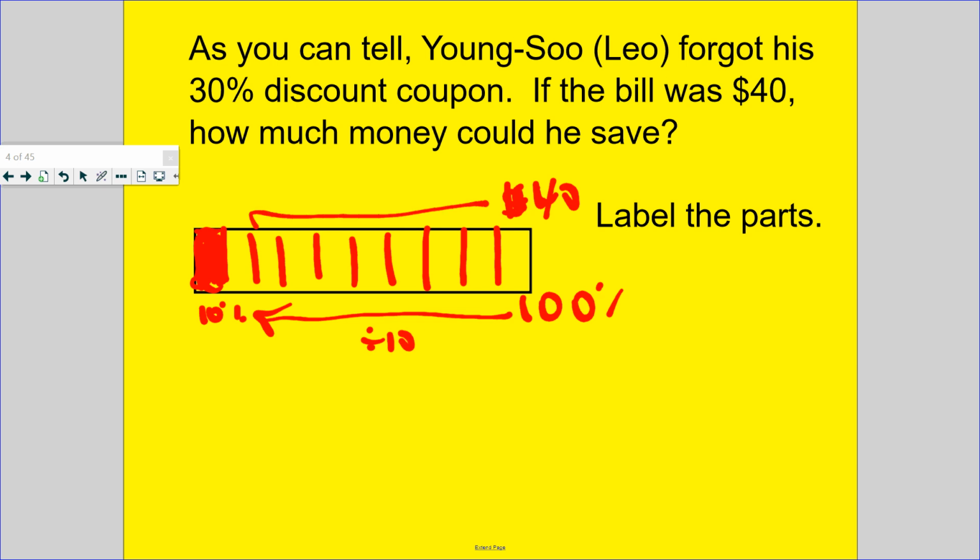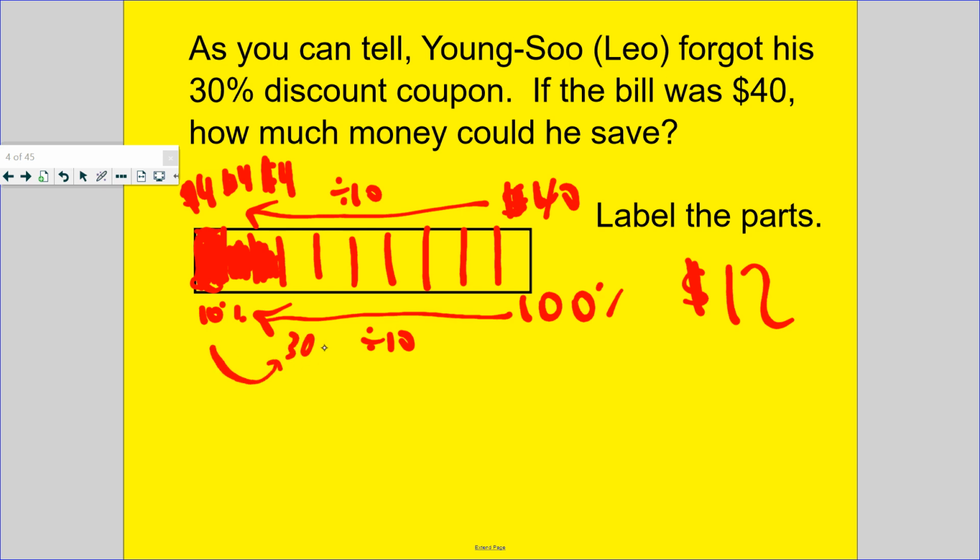Divide by 10. 40 divided by 10 is $4. So every 10%, he saves $4. Another 10%, $4. Another 10%, $4. So 10, 10, 10 is 30%, and 4, 4, 4 is $12. Or how do you build 10% to 30%? Times 3. 4 times 3 is 12.